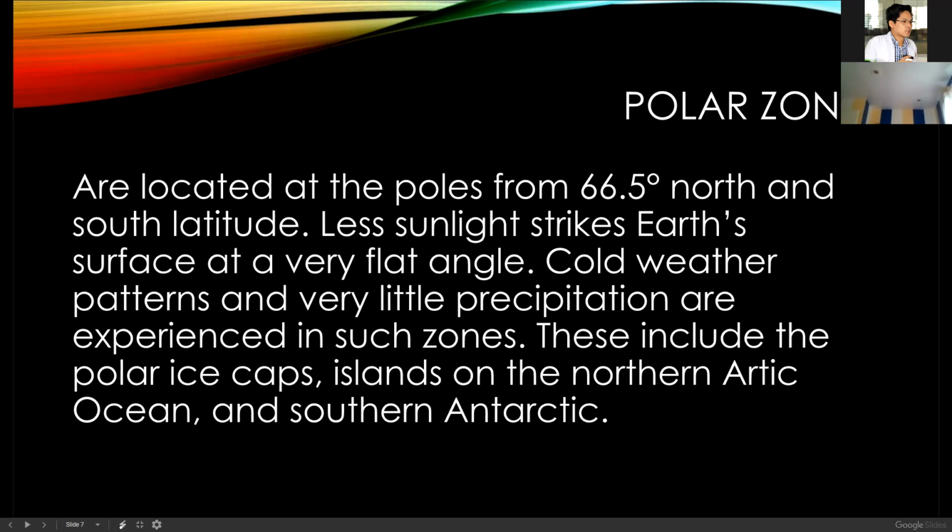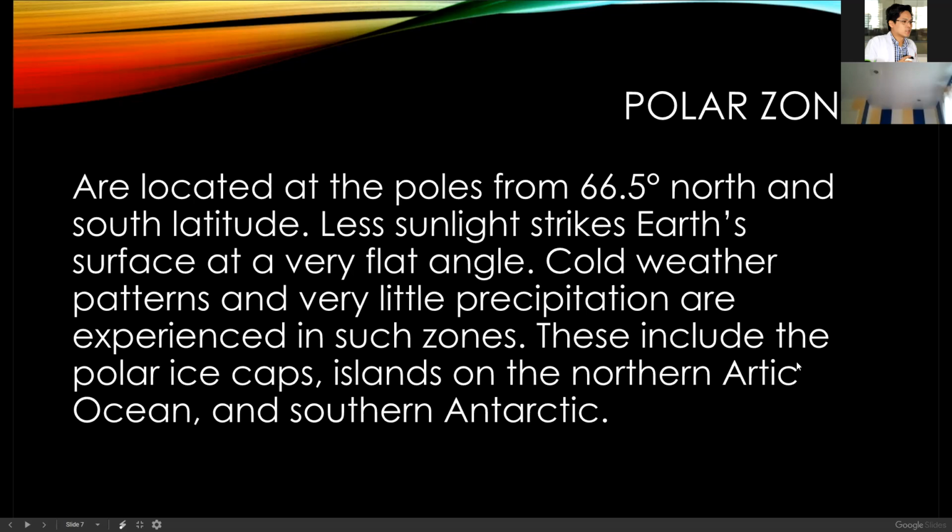Remember again that the primary source, not the ultimate, the primary source of heat is the sun. But if the sun doesn't strike the area, the tendency is it is really cold. These include the polar ice caps, the islands of the northern Arctic Ocean, and the southern Antarctic.